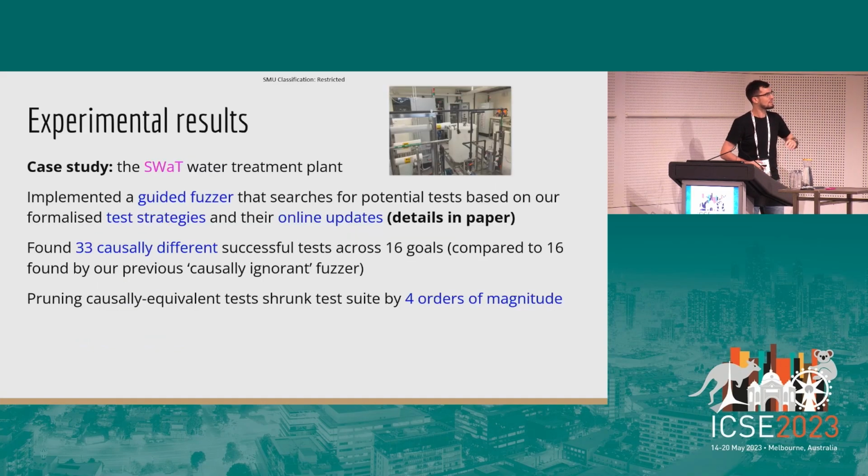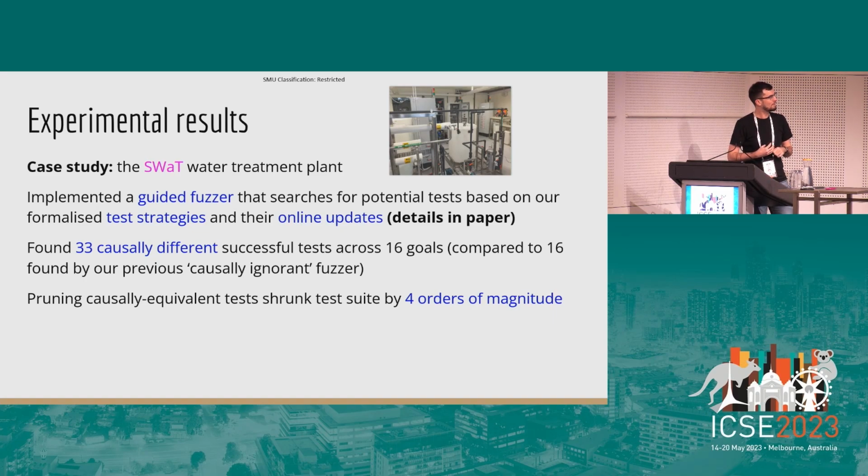So that was the formal side. We wanted to try and balance formality and practice in this approach. And so we implemented it for one of these fuzzers for the SWAT water treatment test bed. So we took essentially the guided fuzzing approach that takes a goal and tries to find a way to achieve that goal as quickly as possible, but added this formal treatment on top of it.